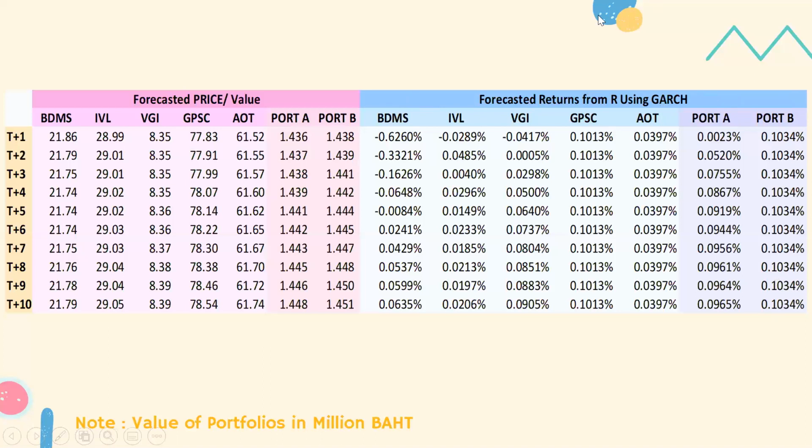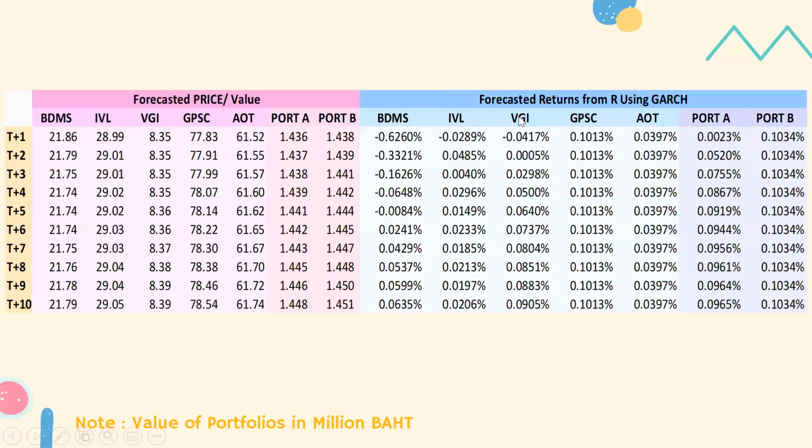BDMS has negative return in the first 5 periods, and then until the next 10 days it has positive return.